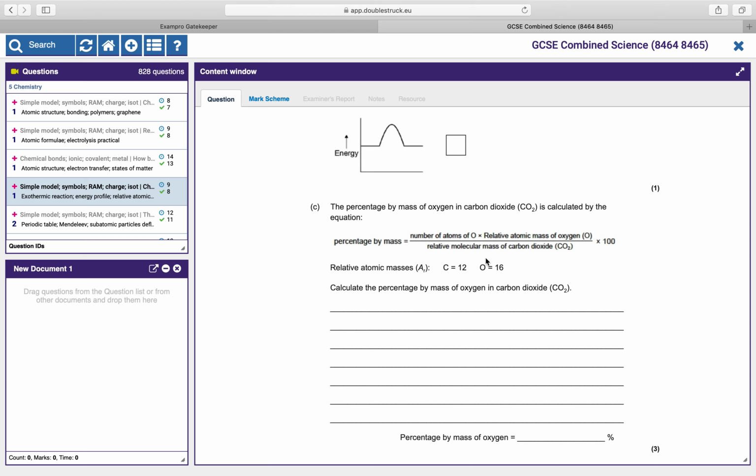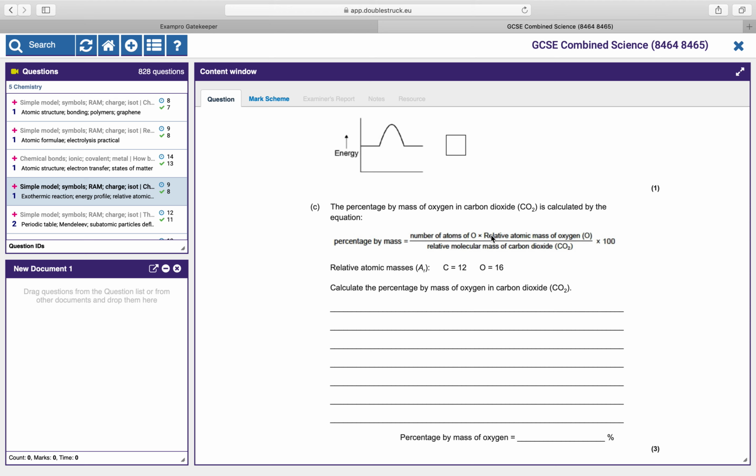So the percentage by mass of oxygen in carbon dioxide is calculated by this equation: the number of atoms of O times the relative atomic mass of oxygen, divided by the relative molecular mass of carbon dioxide.